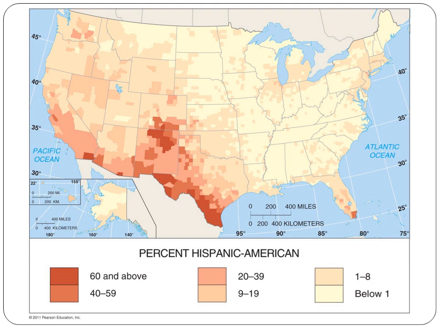So I want you to start out just notes, observations. What do you see? What do you observe regarding the spatial distribution of Hispanic Americans? It could be regions of the country. It could be states.